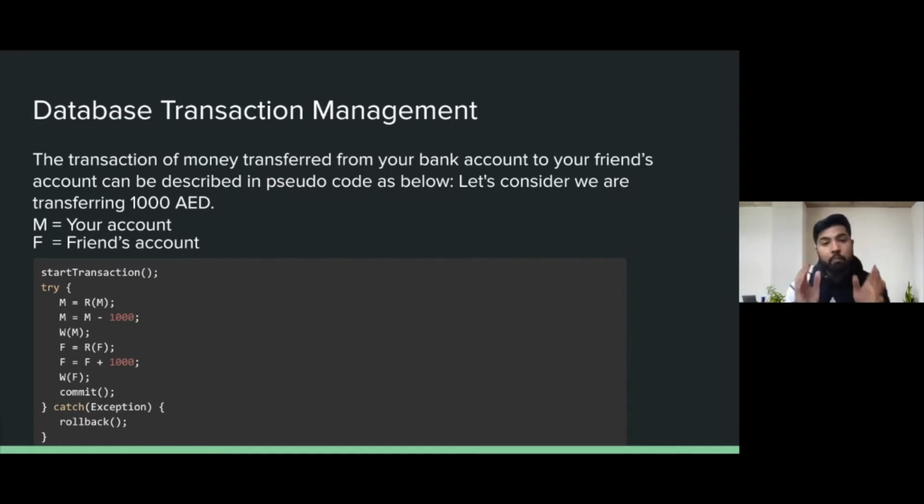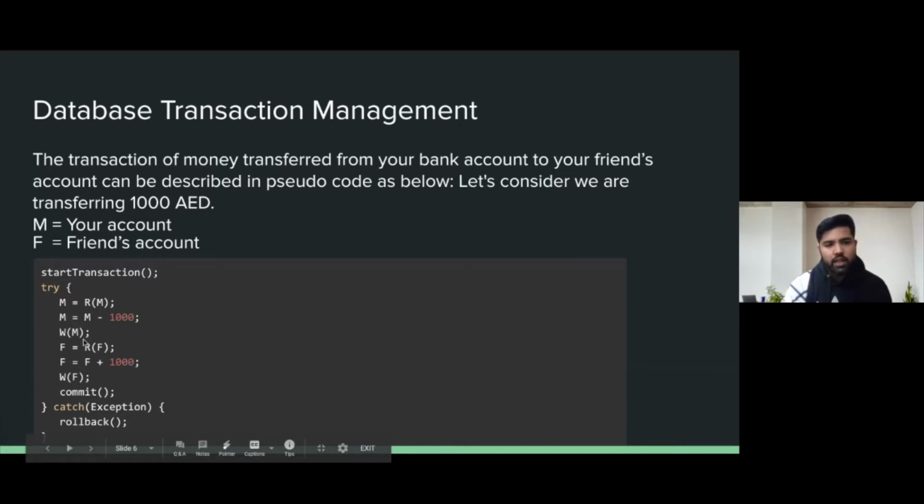At the same moment, he is trying to deduct 1000 and there is a 1200 balance in my account, and at the same time I try to transfer 1000 from my own account to another friend's account. So when we both are trying to do things at the same time, what will happen?